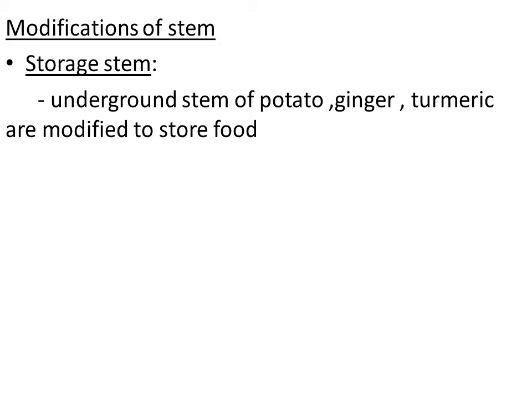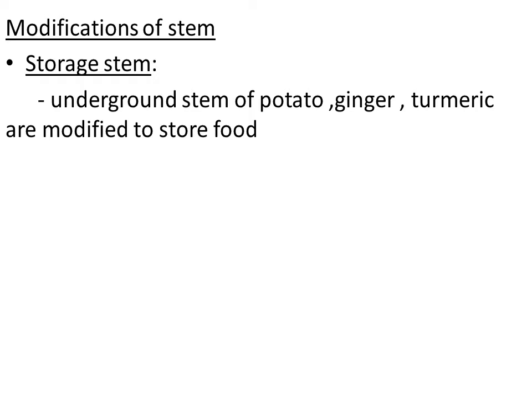In all these examples we can see the underground stem is modified to store reserve food material. You might have wondered, because potato, ginger and turmeric grow in the underground region, why are they considered a stem instead of root?